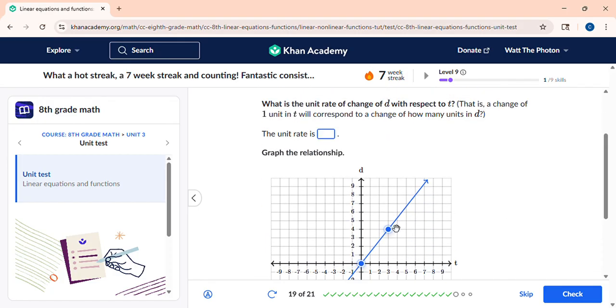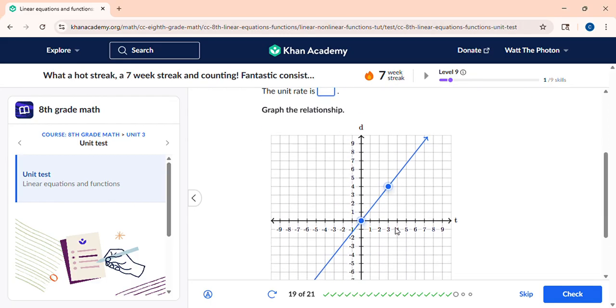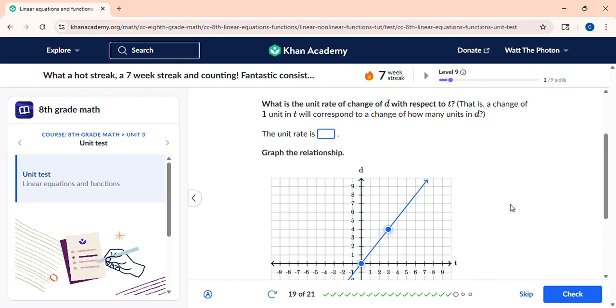One unit in T will correspond to how many units of D? So we have an increase of 3 in T and an increase of 4 in D. Proportional relationship. 3 of T is 4 of D. So we have 4/3.